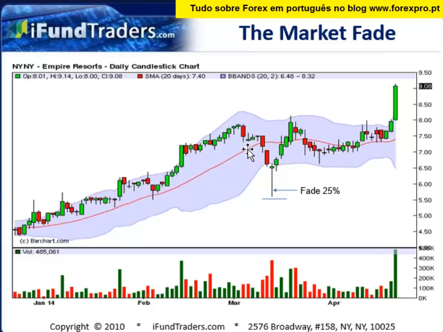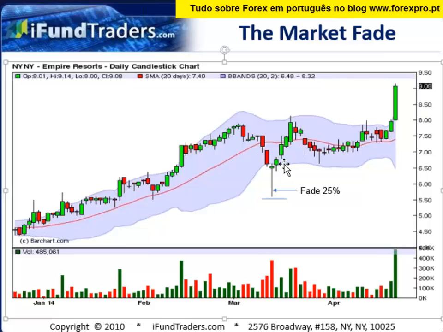Of course, we can always find exceptions to that statistic, but it's 2 to 4 standard deviations away from the norm. And this lower band is 2 standard deviations away from the 20-day average. This gets about 2, 3, 4 standard deviations away.